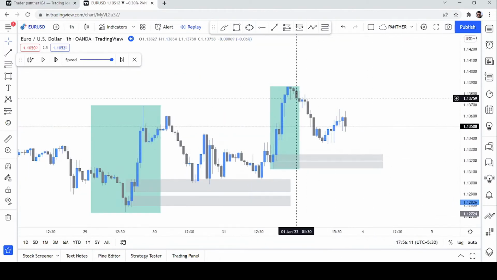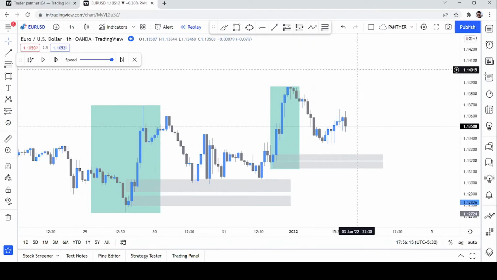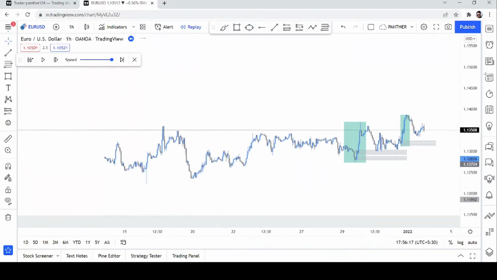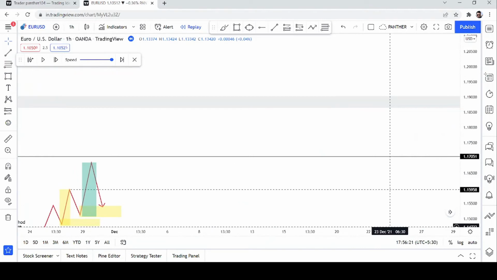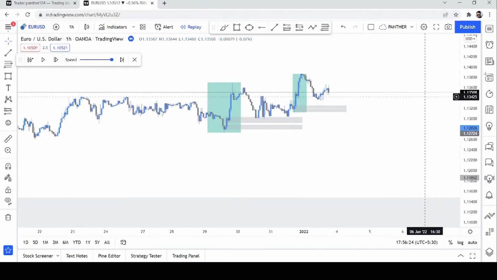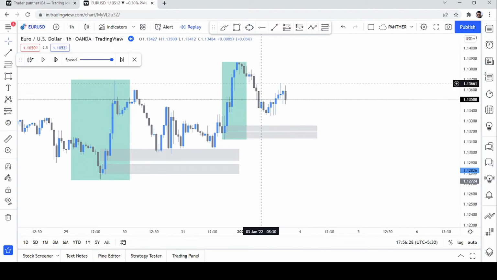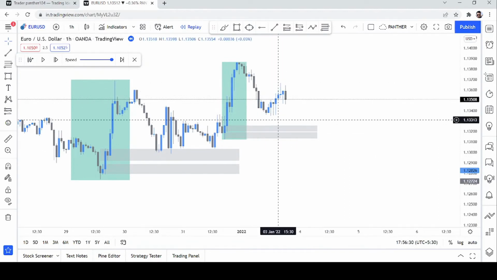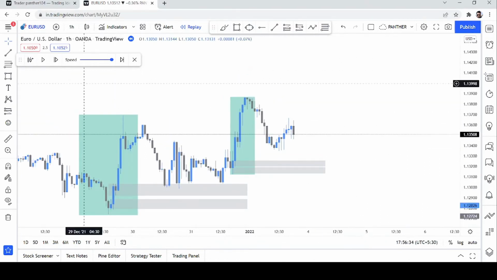Right. Where is your target? When price comes to this, you're gonna look for your third box. Where is that? Okay, I must have removed that. That accumulation and distribution, that's what I'm talking about. Here you need to see the accumulation, the change of character, and then the move up is where we involve.